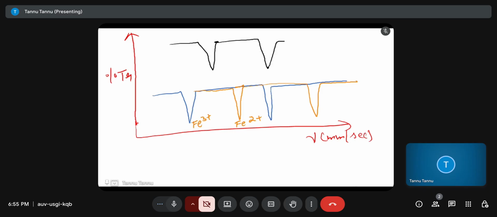For oxidized form you get only two peaks.